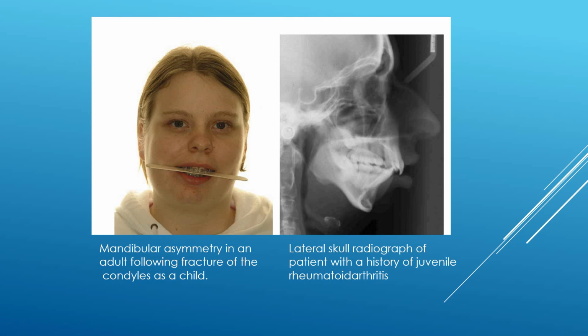The severity of outcome is related to the age at the time of injury. However, a high percentage of children sustaining a condylar fracture have normal mandibular growth due to the reparative capacity of the condyle, even when displaced from the glenoid fossa.